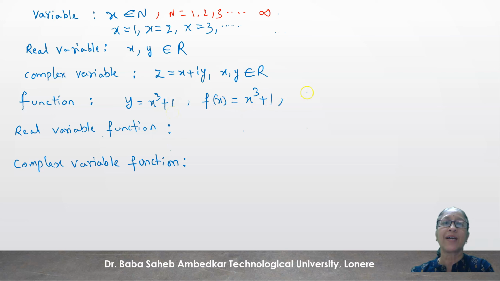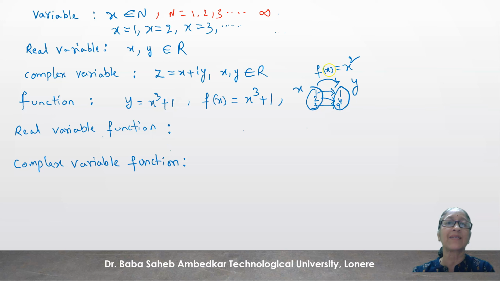Here you can define this function in other way also. If f(x) equal to x square, then according to this relation y contains 1 square, that is 1, 2 square 4, 3 square 9. So this is relation between x and y, f(x) equal to x square.